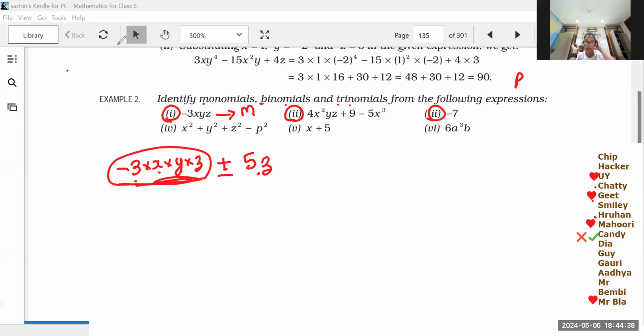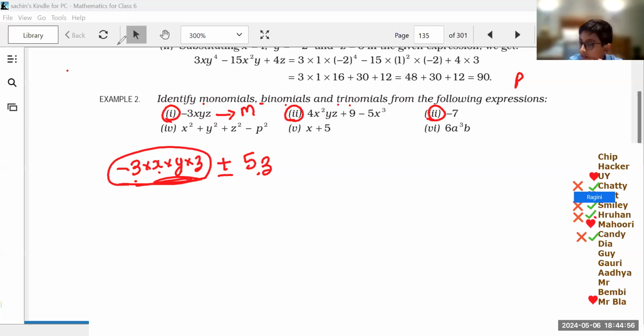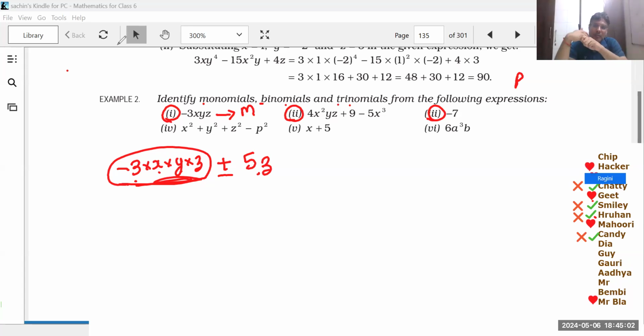Ma'am, please check Chippy's. Sir, each of them has a specific name. Even 5 terms, like 5. Sir, what is 5 called? I think after quadrinomial, I don't know whether a name is given or not.